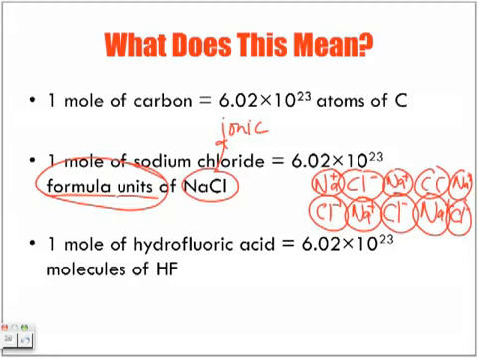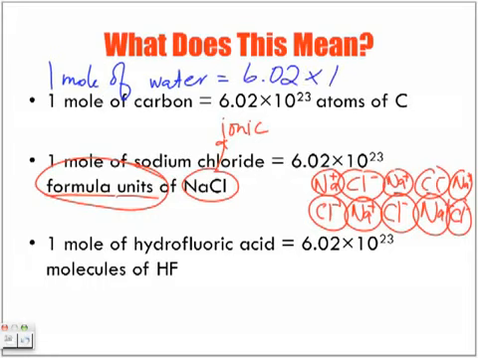So if we're talking about 1 mole of water, let's say, as another example, water being an actual compound, an actual molecule, we're looking at it having 6.02 times 10 to the power of 23 molecules. That big. 6.02 times 10 to the power of 23.